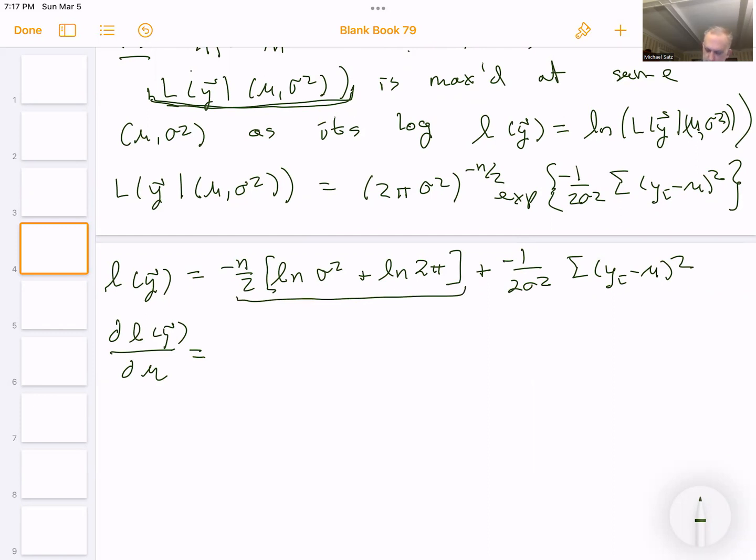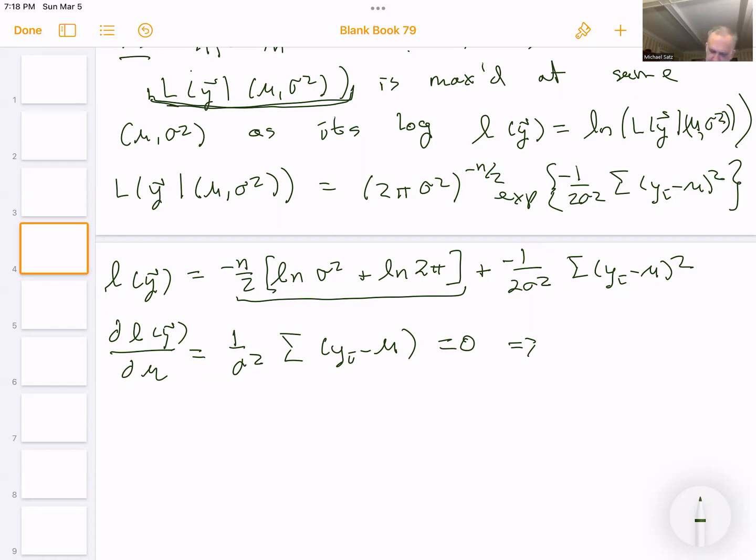So differentiating with respect to mu here, the minus will come out, and the 2 will come down, so I get 1 over sigma squared sum yi minus mu. Setting this equal to 0 leads to the fact that mu equals the average, right?